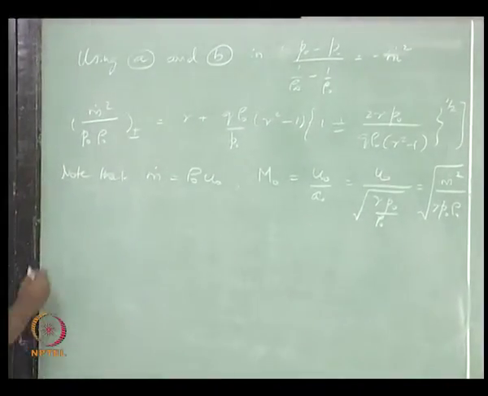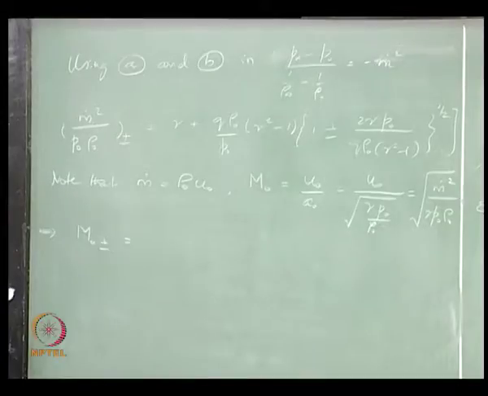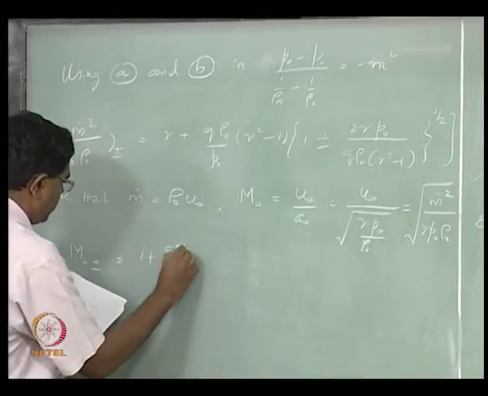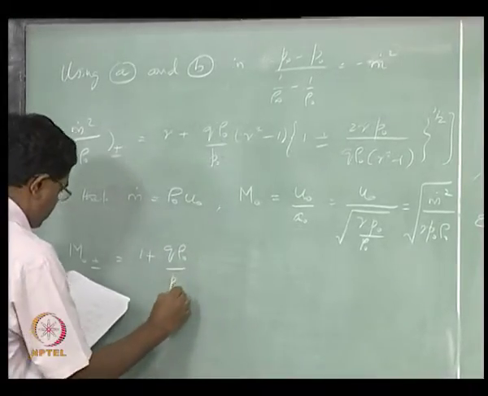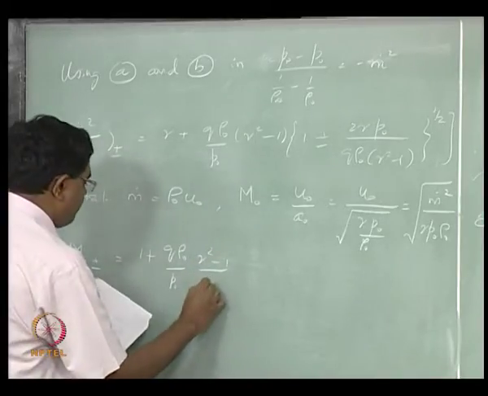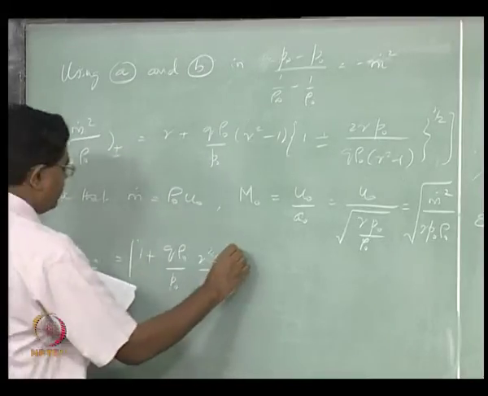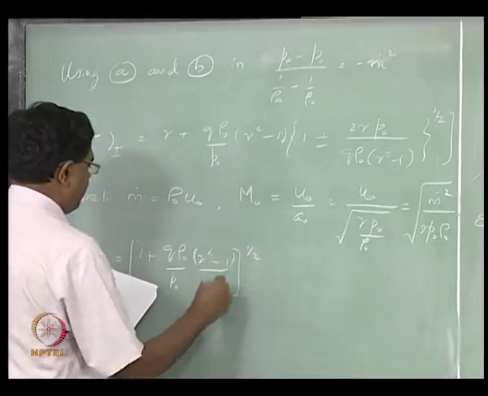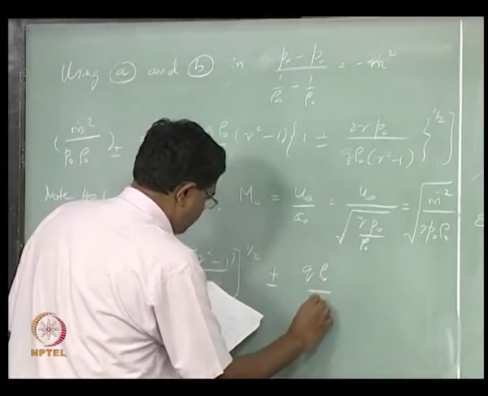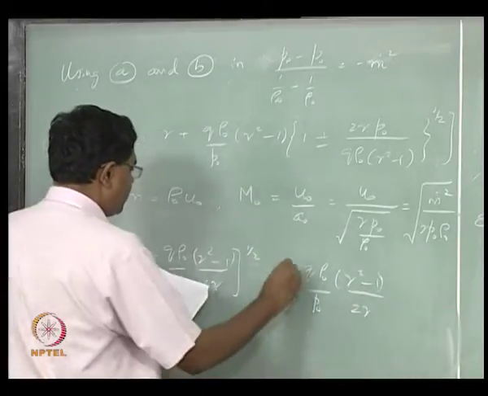So from here we should now be able to write M naught plus or minus as 1 plus q rho naught divided by p naught times gamma squared minus 1 divided by 2 gamma, the whole to the half, plus or minus q rho naught divided by p naught times gamma squared minus 1 by 2 gamma, the whole to the half.